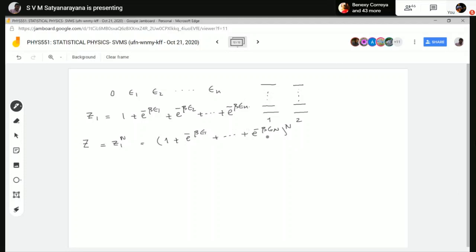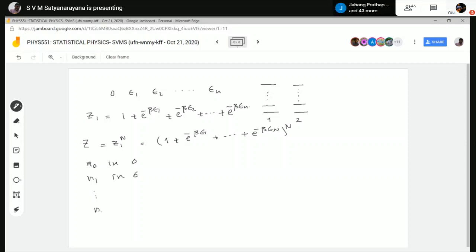Now what happens if you are actually trying to evaluate these degeneracies? Then you get these coefficients as multinomial coefficients. That means, let's say, there are n0 particles in 0 and n1 particles in epsilon, like that.